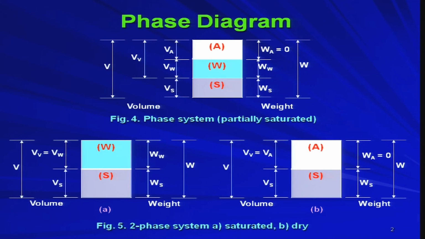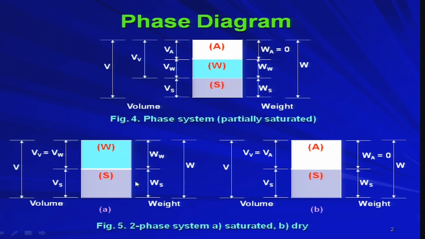Now, coming to some special cases. For completely saturated soil, as I told you, you have only soil solids and water, whereas you can also have completely dry soil, that means there is no water at all in the matrix, so you have soil solids and air.